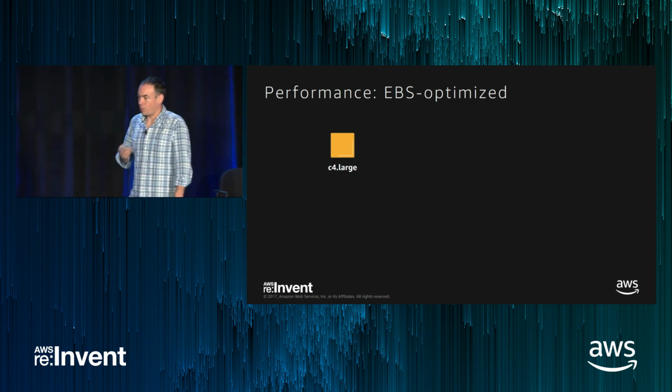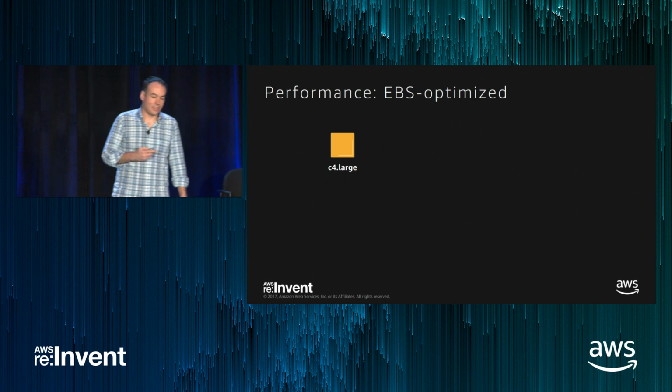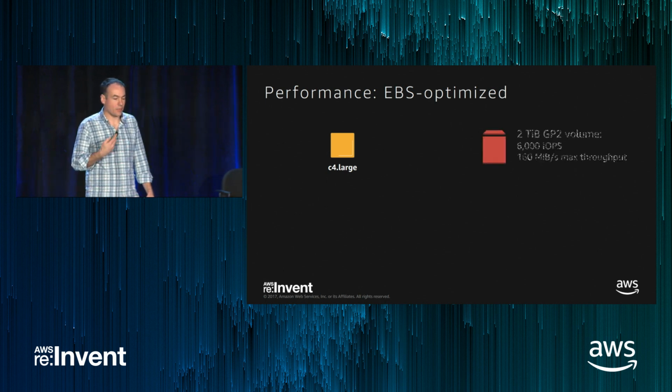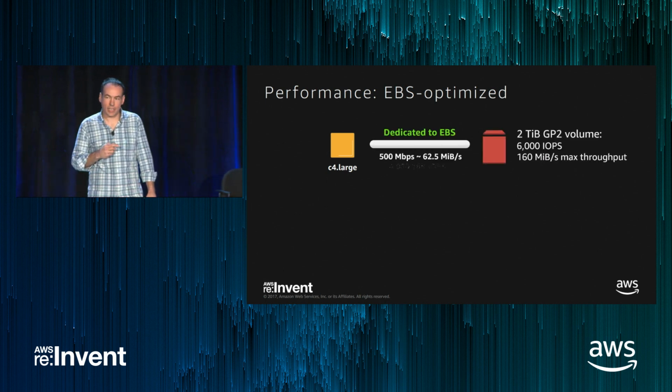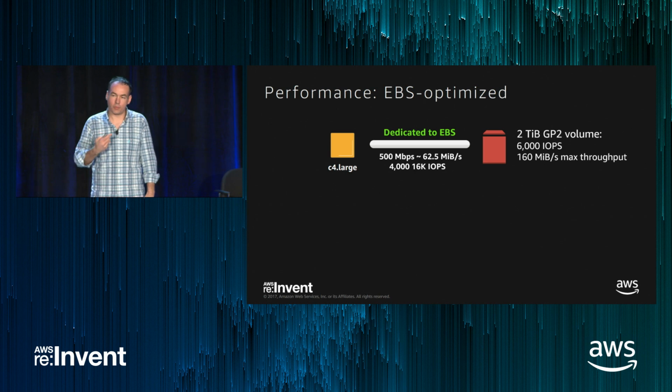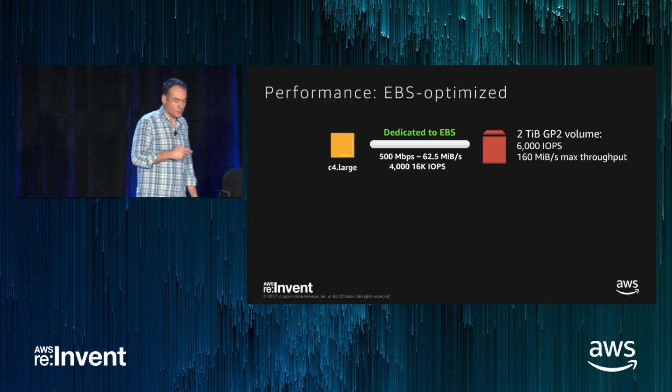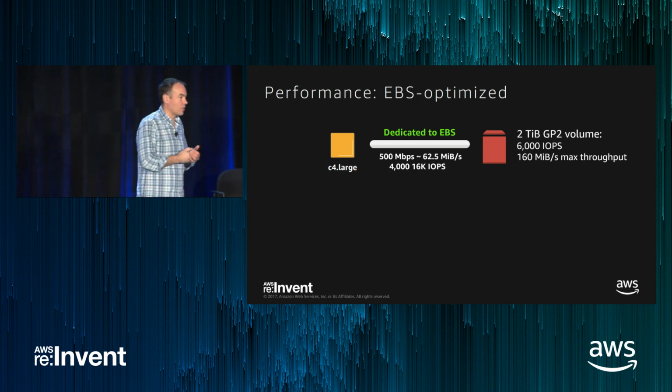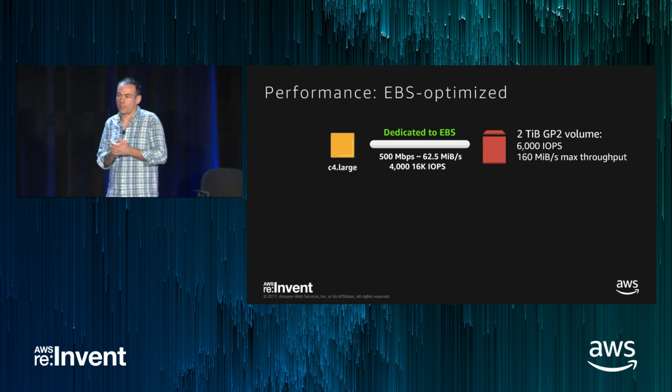When you are on an EBS instance, it's important to consider that EBS-optimized bandwidth. If you attach a 2 terabyte volume and you're doing a 16K IOPS workload, that GP2 volume should be able to do 6,000 IOPS. Now you're on a C4 large and you notice that you're only able to get around 4,000 IOPS.